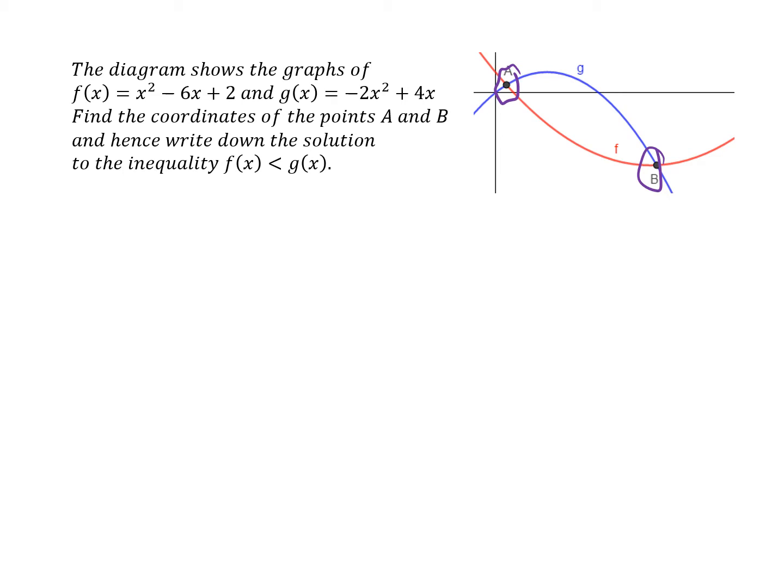So these two curves are at the same place at the same time when x squared minus 6x plus 2 equals minus 2x squared plus 4x. Bringing the terms on the right hand side over to the left, we get 3x squared minus 10x plus 2 equals 0.